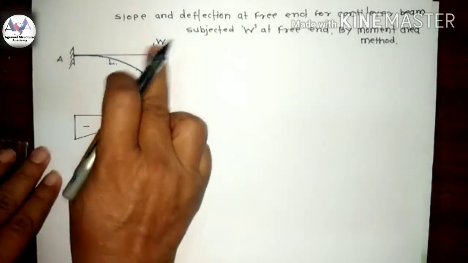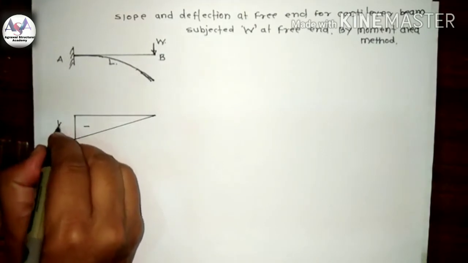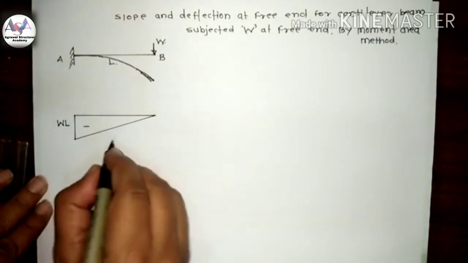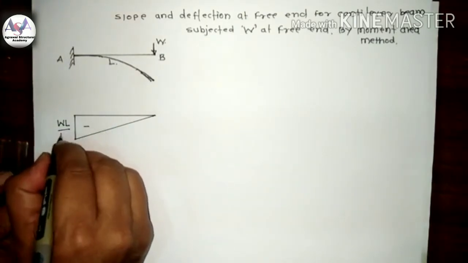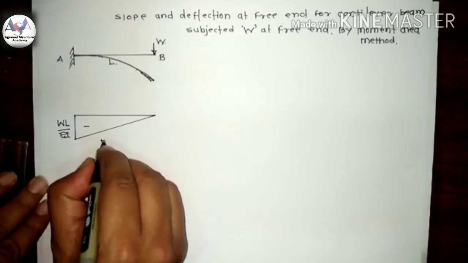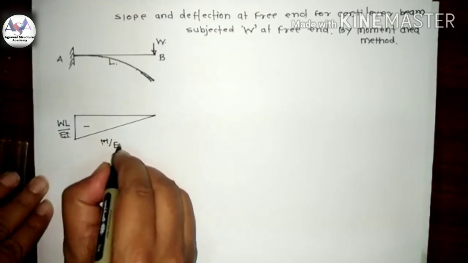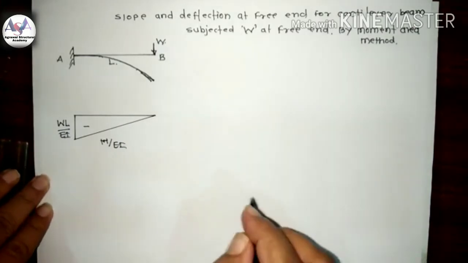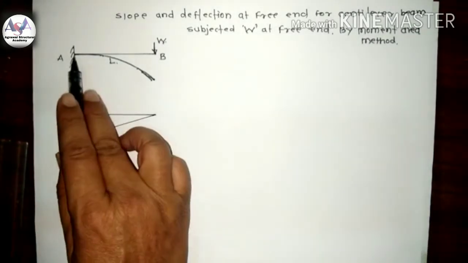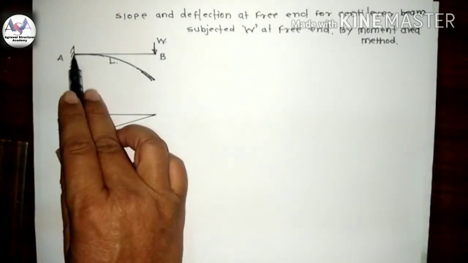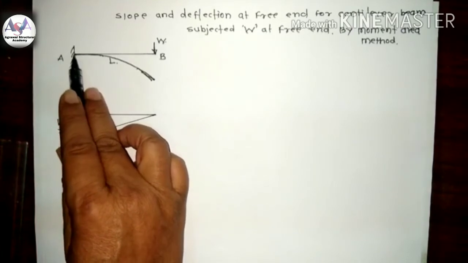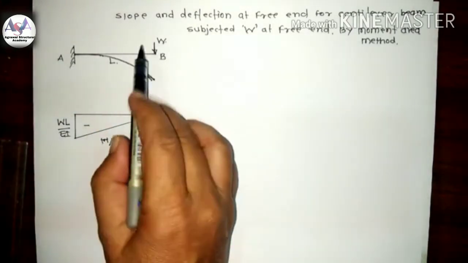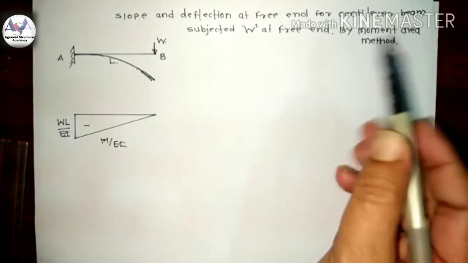W into L is the bending moment, and divided by EI, this diagram becomes the M by EI diagram. Now we know in the case of the fixed end, the slope at A is 0. Now our aim is to find the slope and deflection at the free end.